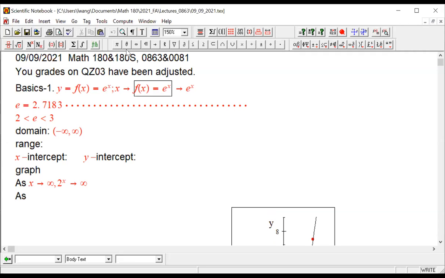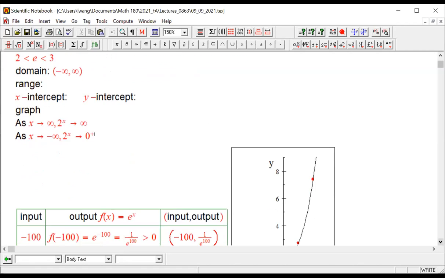As x approaches negative infinity, this is essentially calculus notation, right, Farouz? Yes, ma'am. 2 to the power x approaches 0, but never will be 0, it is going to be larger than 0. So that's the notation you will be using, and that's what it means. That's the description I just mentioned.